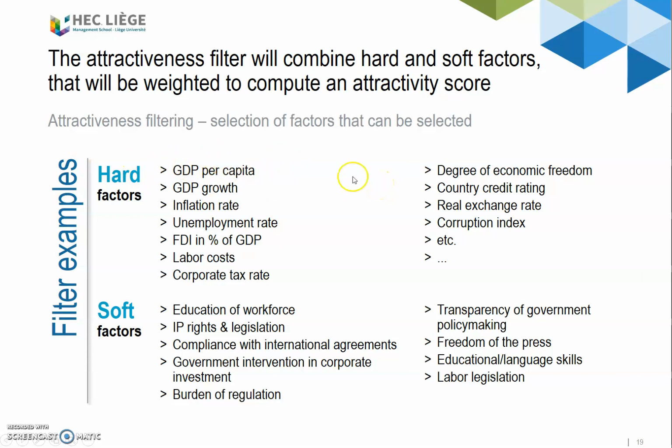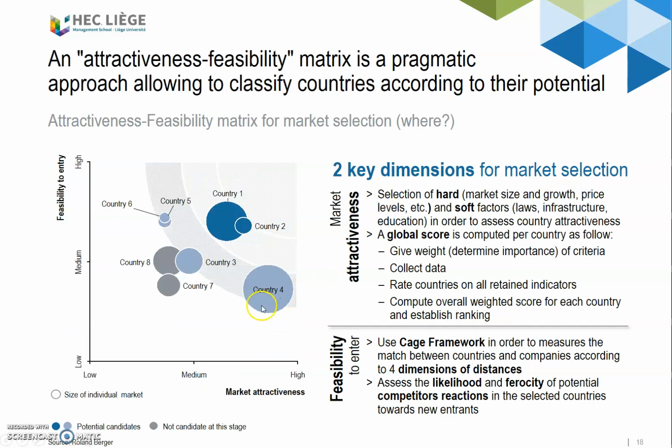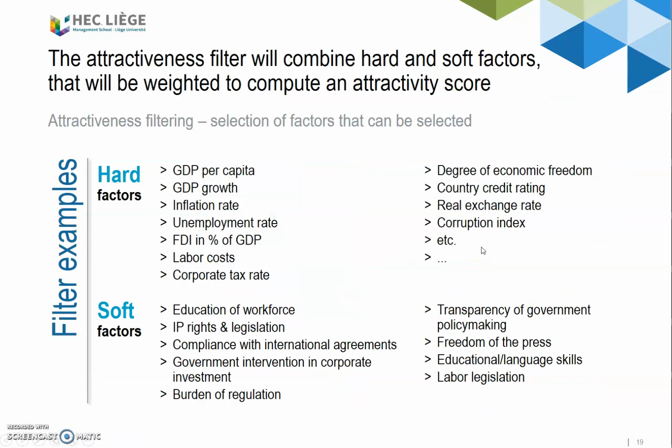So you rank the countries every time on your factors. You give a weight to the factors. Here, let's say every factor has the same weight. Then at the end you will have a score per country. If I go back to my matrix, along this axis, if this is Germany, you will see that it received one of the highest scores on the attractiveness axis. So quite simple.